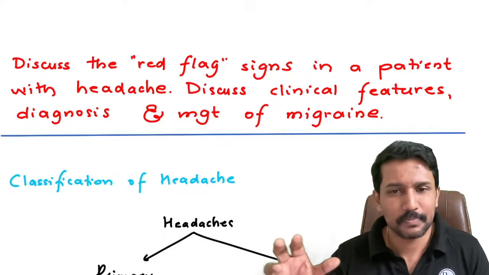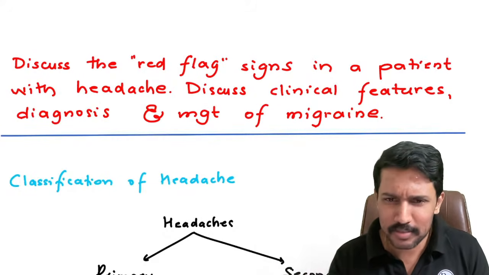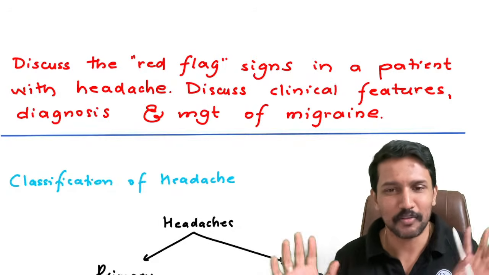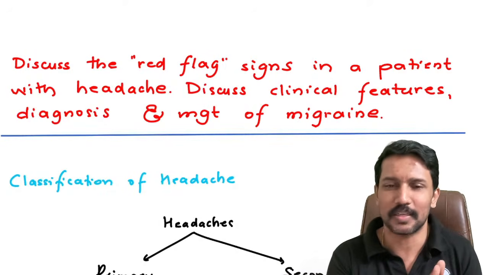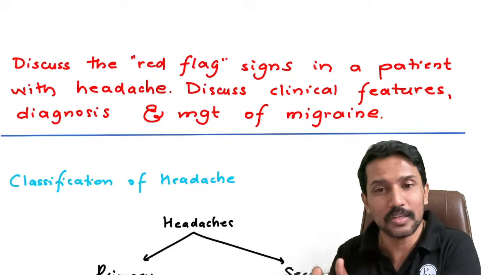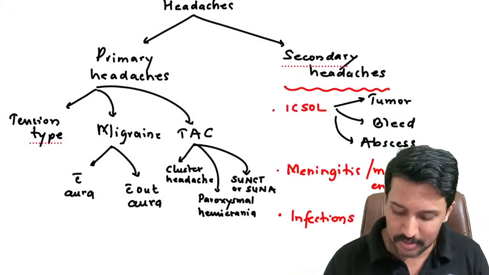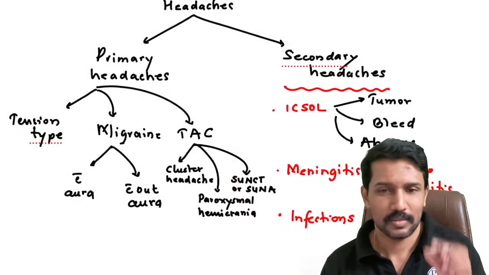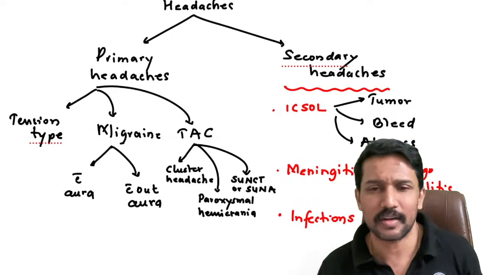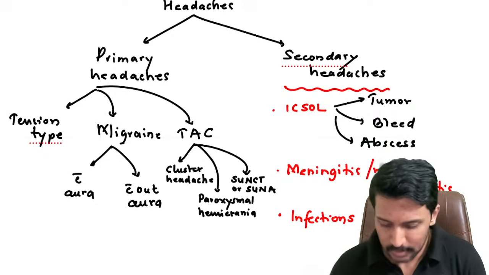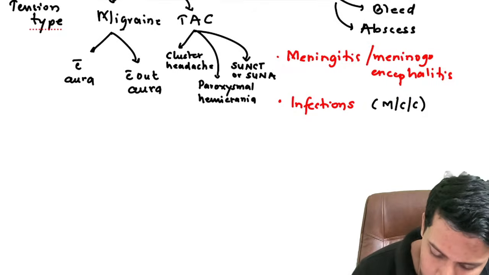Red flag is a very famous terminology now. So if you have a patient with headache and along with headache these additional signs or symptoms are there, it is pointing towards more dangerous causes for headache, mainly pointing towards secondary headaches, right?